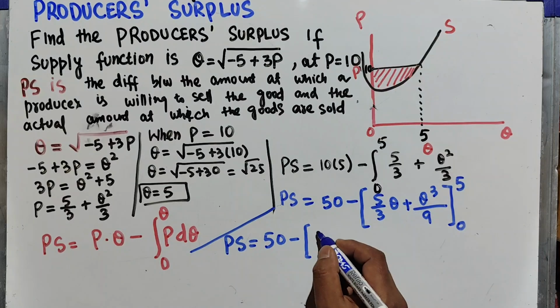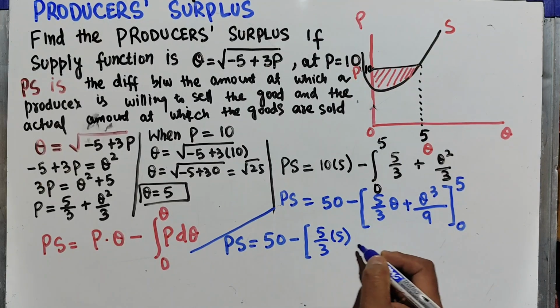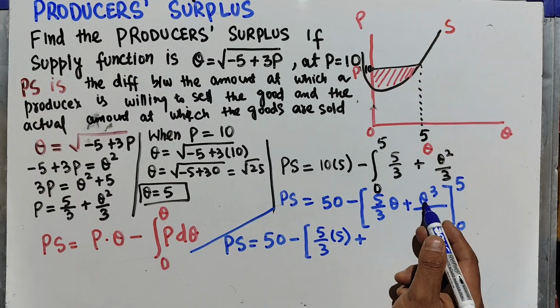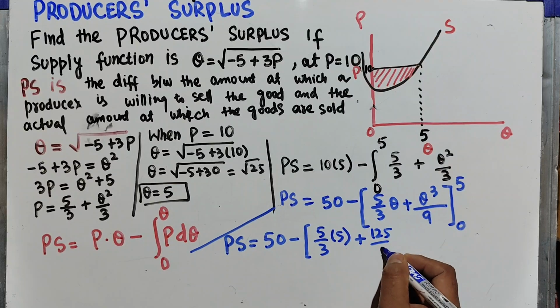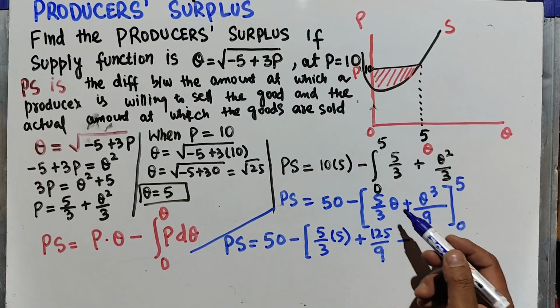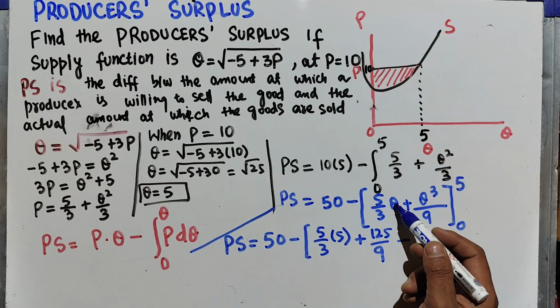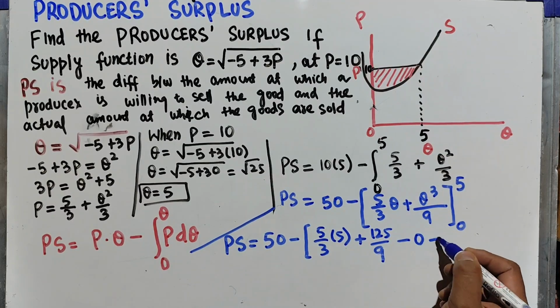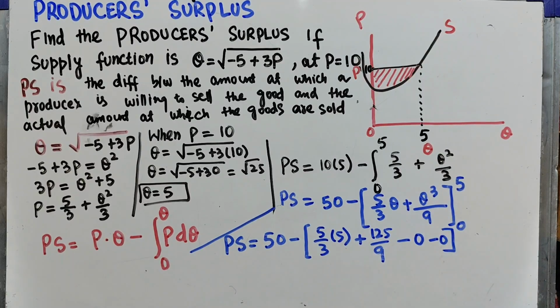In place of Q we have 5, so 5 upon 3 times 5 plus 125 upon 9. Then we subtract the lower limit: 5 upon 3 times 0 comes out to be 0, and 0 cube upon 9 is also 0.